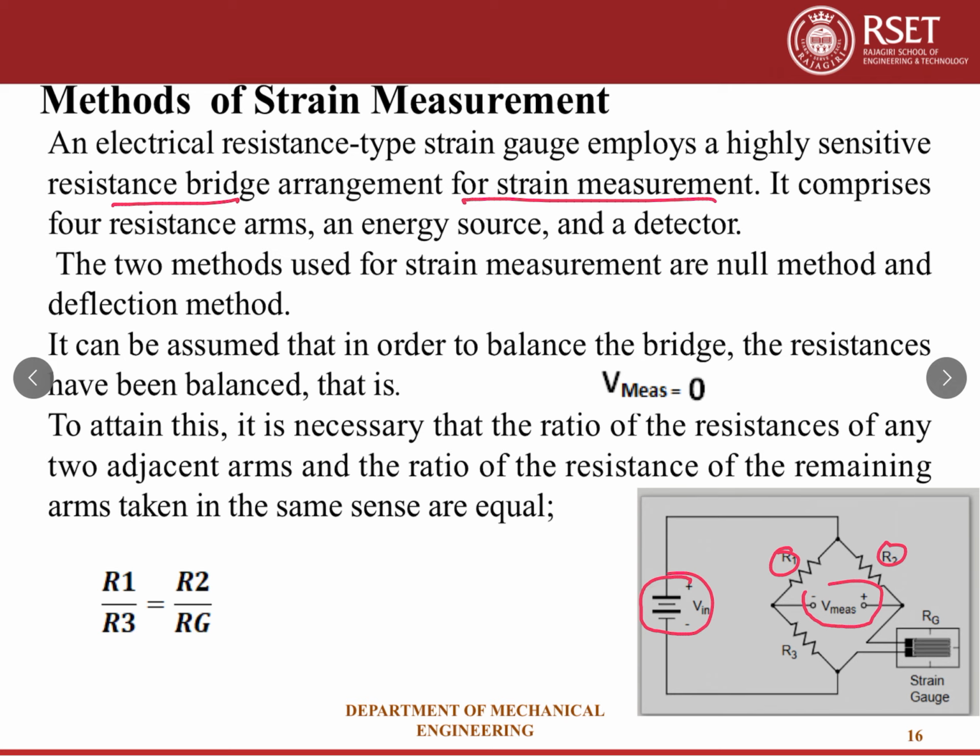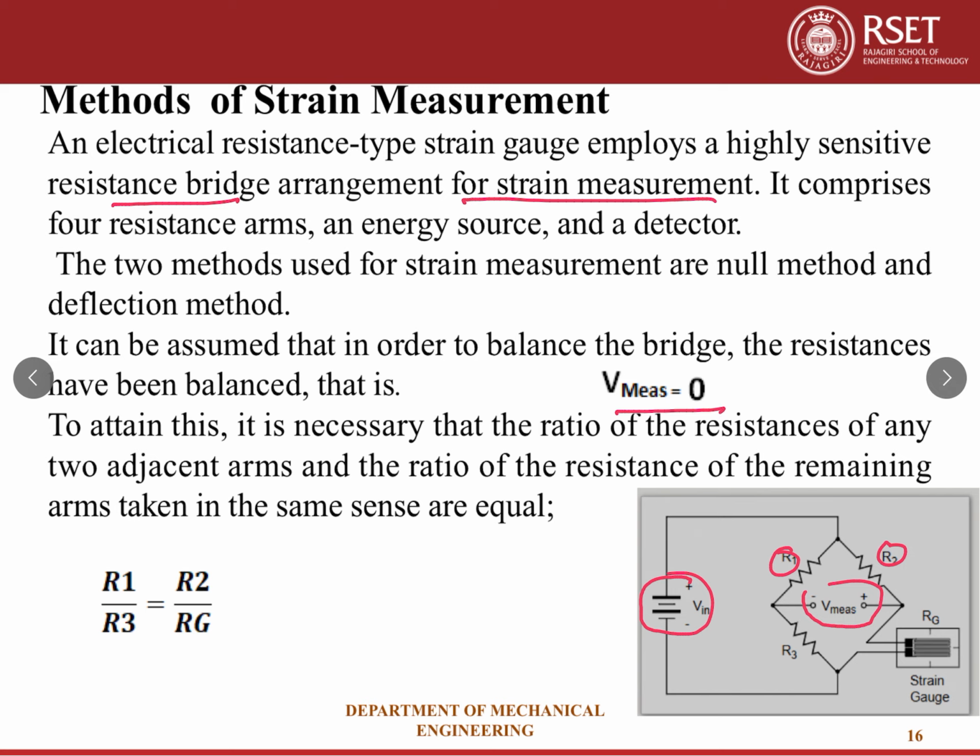That is, all the resistances have equal value. To attain this, it is necessary that V is equal to 0 for balancing the bridge.